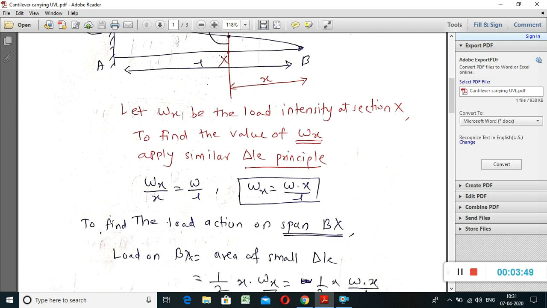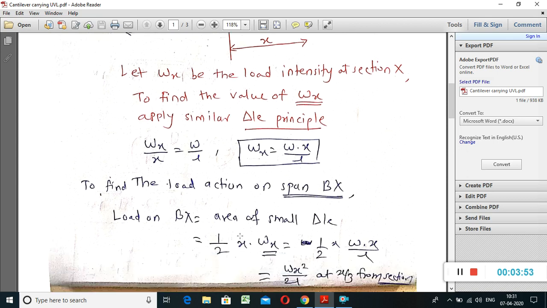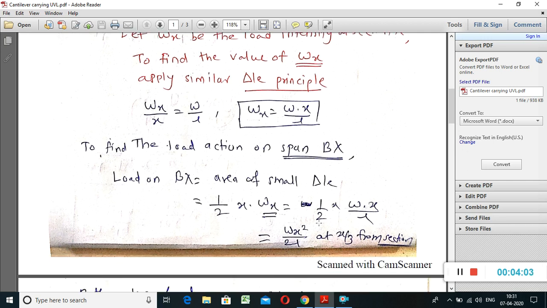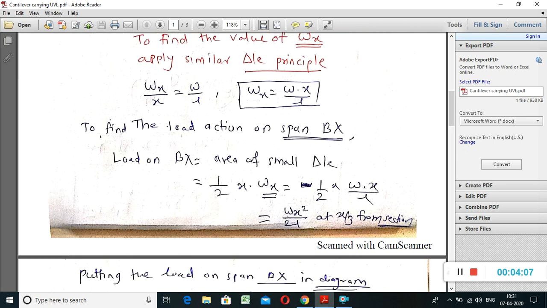So the load on span Bx will simply be the area of the small triangle, 1/2 x into Wx. If you replace Wx by W into x by L, we get the load on the right part as Wx square by 2L, acting at the centroid.